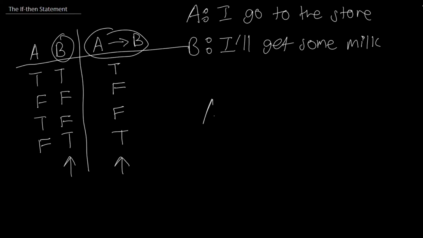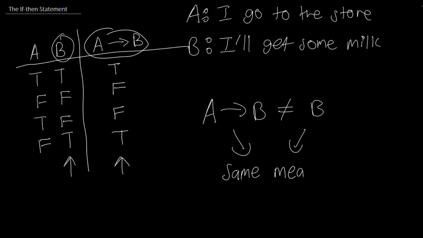Now clearly, this statement is not equal to this statement. If you walk into a room and someone says, if I go to the store, then I'll get some milk, and another person tells you, I'll get some milk, are they conveying the same meaning?